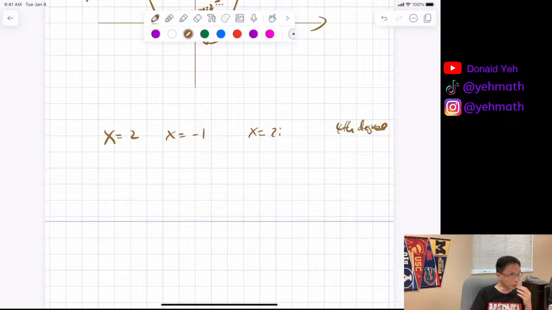Do you see why it's fourth degree? I could say f of 0 is equal to, I don't know, 16 maybe. Can you tell me the equation? This is also another one on your previous test. How do you do this one?